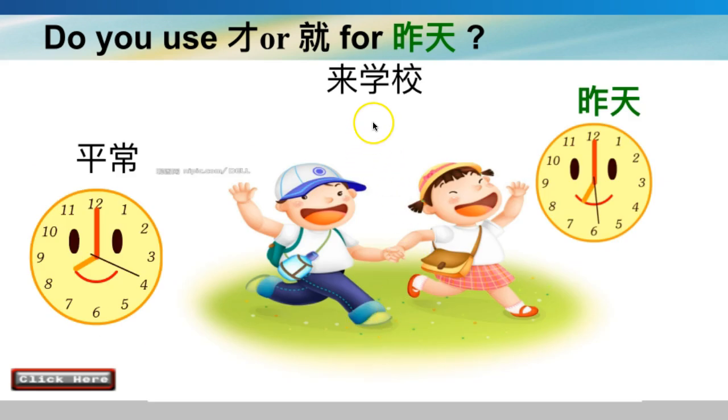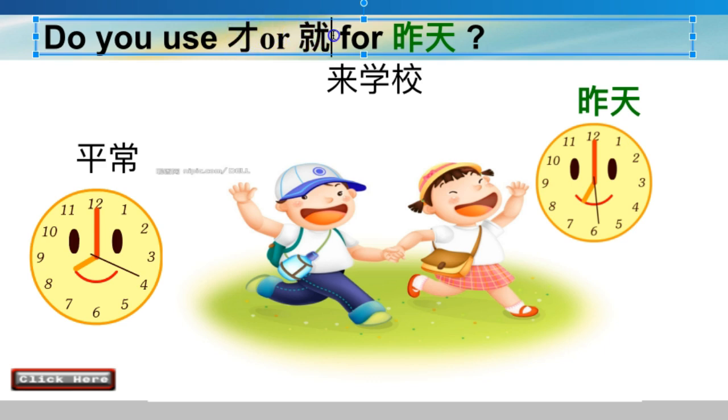来学校. So these kids: 我们几点来学校？我们平常8点来学校。昨天我们7点来学校。So if I was going to describe coming to school yesterday, would I use 才 or would I use 就?